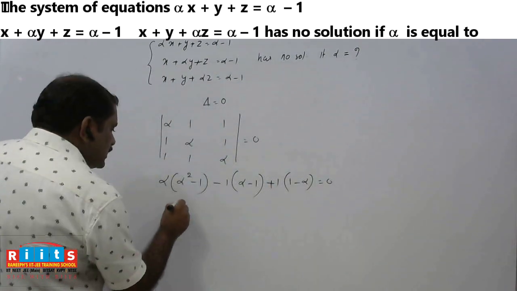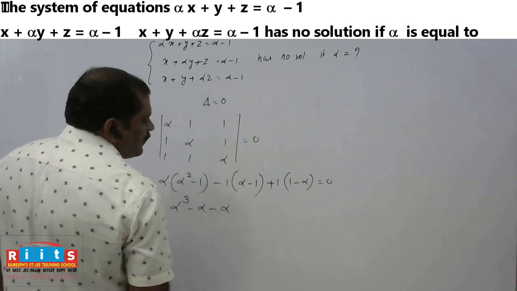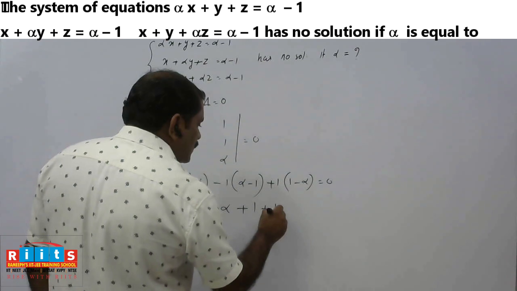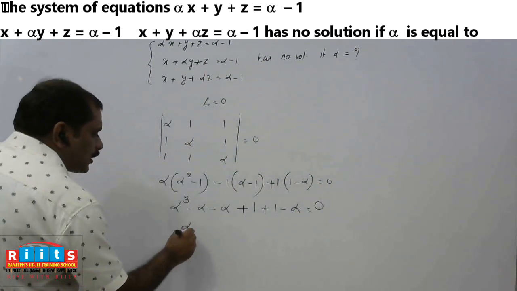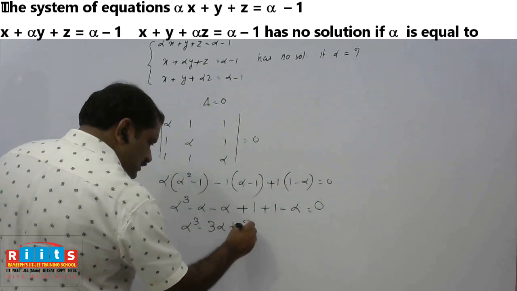That is alpha cube minus alpha plus 1 minus alpha is equal to 0. That is alpha cube minus 3 alpha plus 2 is equal to 0.